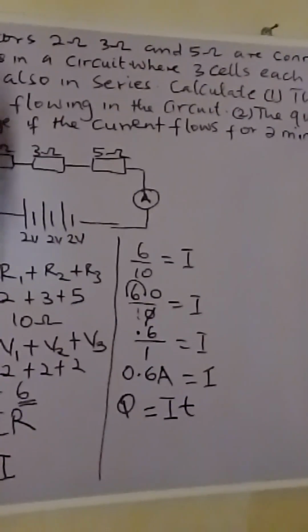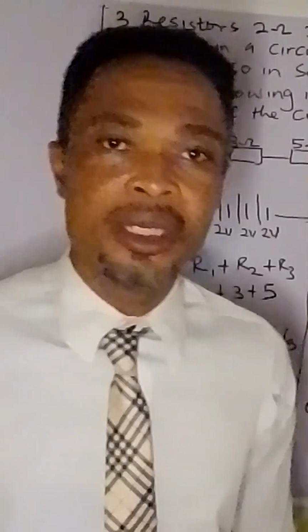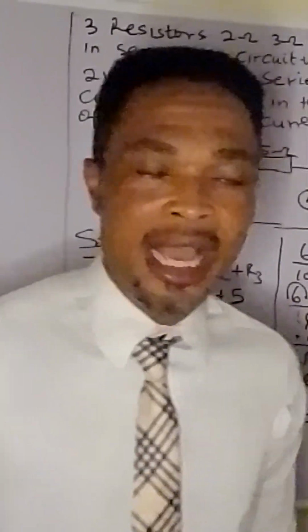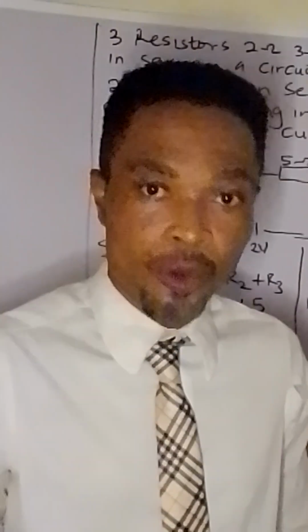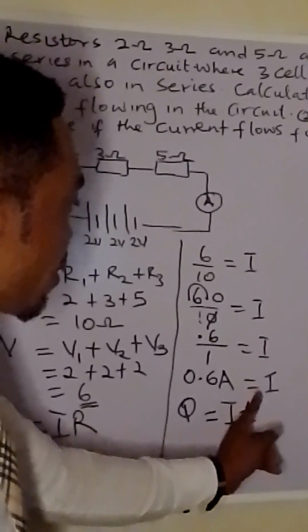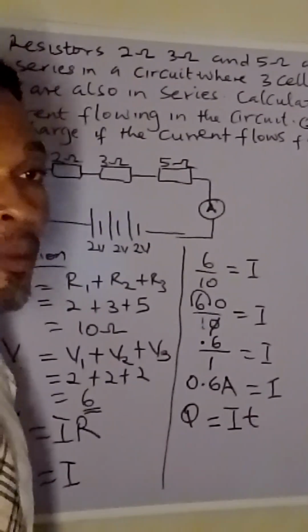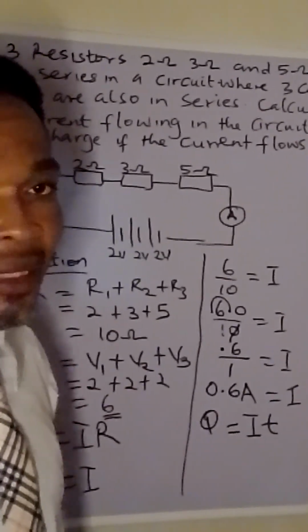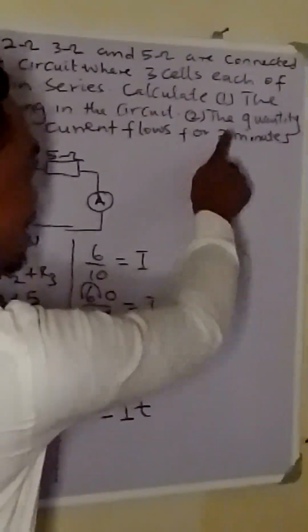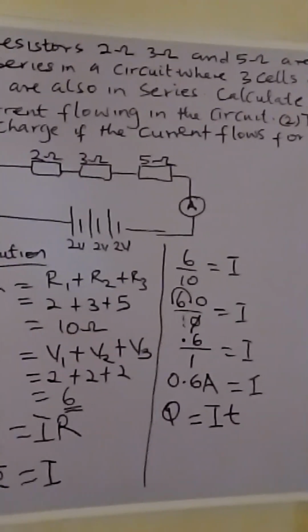That means that the quantity of charge in a circuit is equal to the product of the current in the circuit times the time in which the current flows in that circuit. Since we have now found the current flowing in the circuit to be 0.6 amperes, and the question has already given us the time to be 2 minutes.